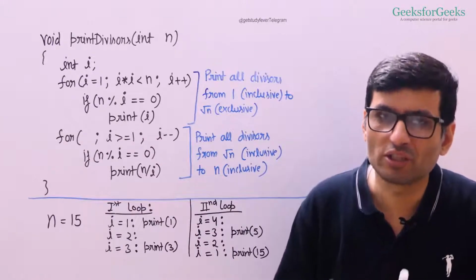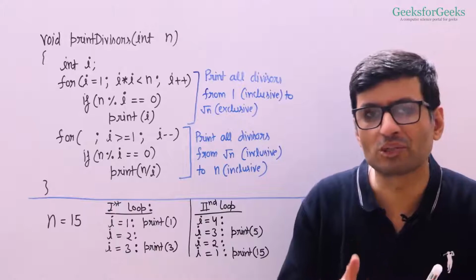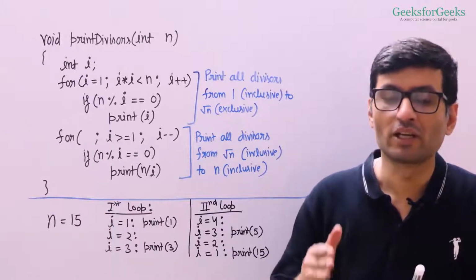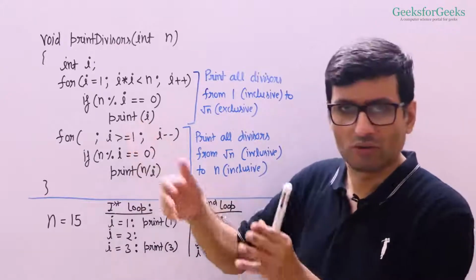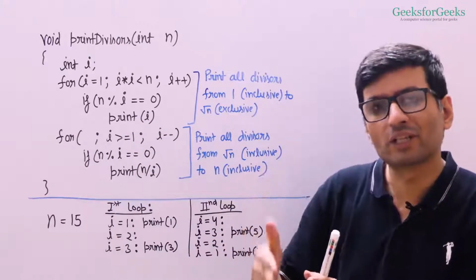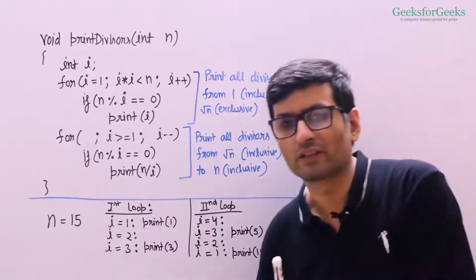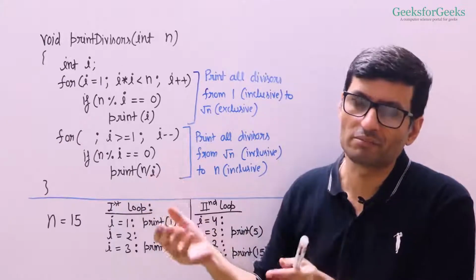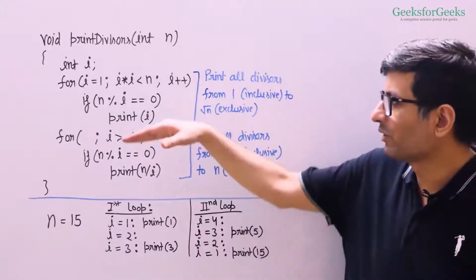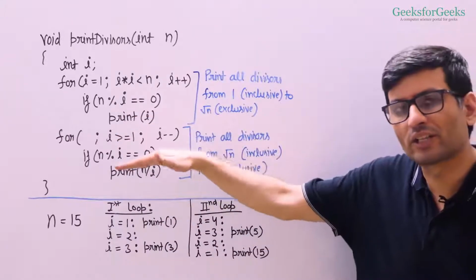The idea is to traverse the numbers from 1 to square root of n two times. First we traverse from 1 to square root of n and we print all the divisors in this range. Then we traverse from square root of n to 1 and then we print the divisors of n by I form for every number I. So this way you get all the smaller divisors first and then all the greater divisors.